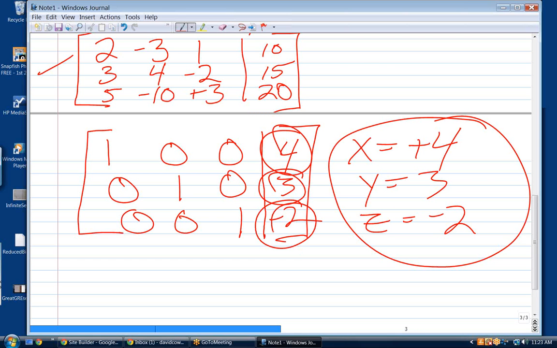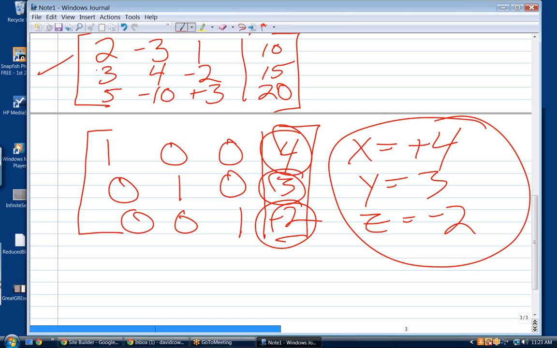And the rules we are allowed to use to turn this matrix into this matrix are very similar to the rules we're allowed to use when doing elimination. In other words, we're allowed to multiply any row by a constant, left side and right side.